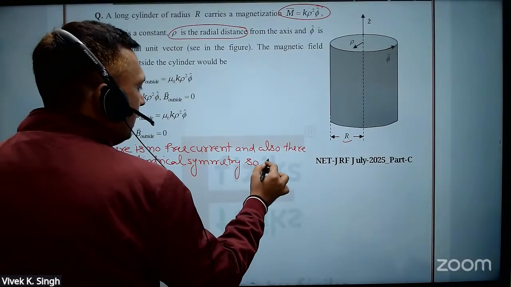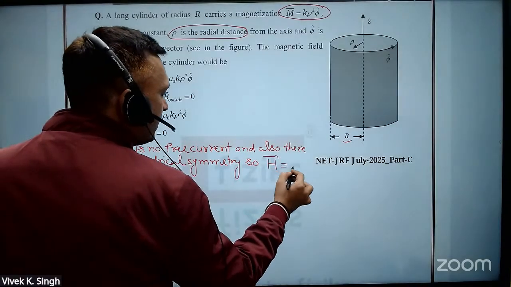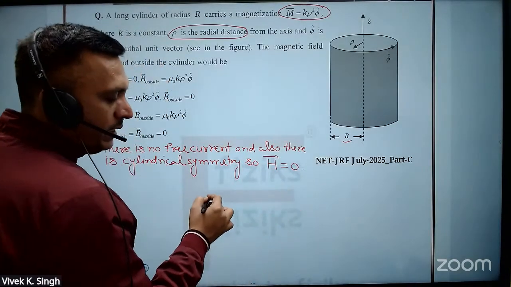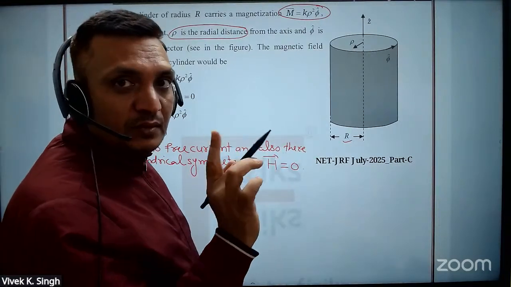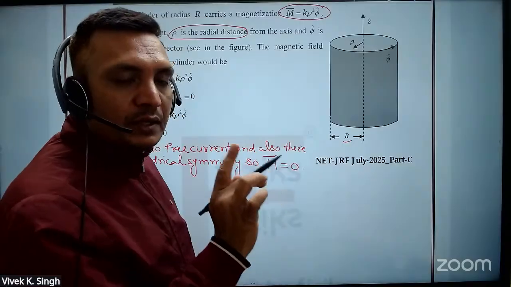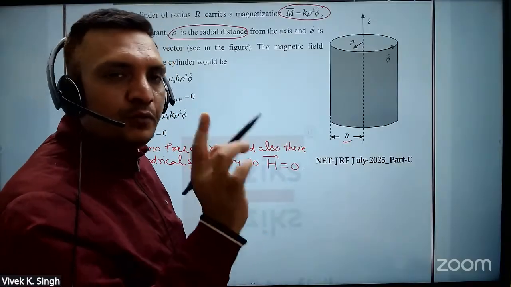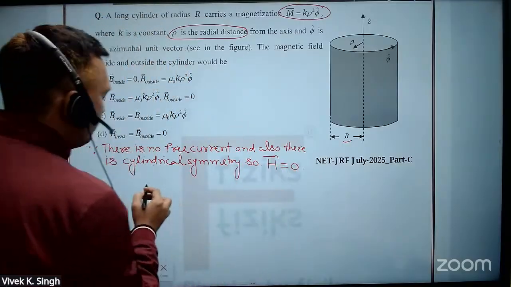So H field is 0. You know that the H field depends on free current only when there is a symmetry. So this is valid for the symmetrical case only. Whenever there is a symmetrical case and there is no free current, always take H equal to 0.